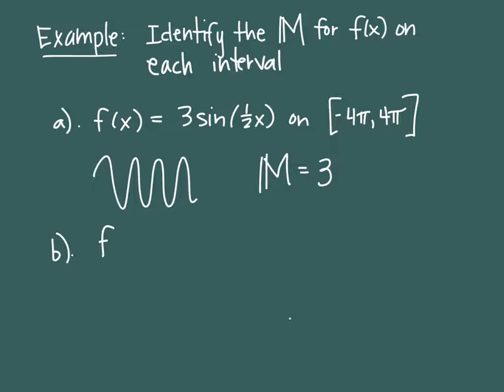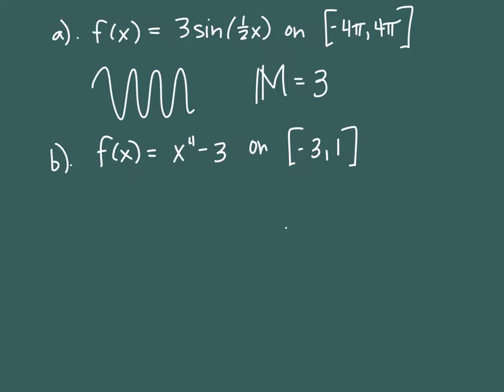If we have a different function like x to the 4th minus 3, and the interval on that is negative 3 to 1, again, we're using a little bit of our common sense. x to the 4th is a quartic. What is its general shape?